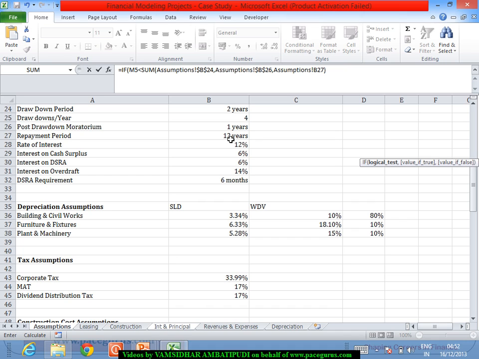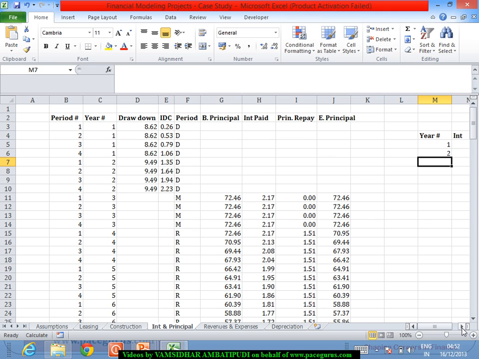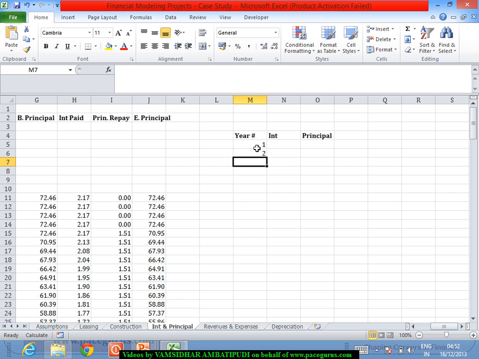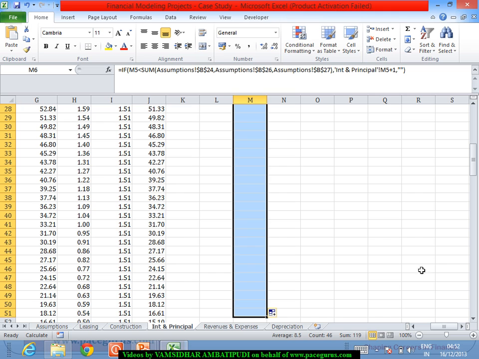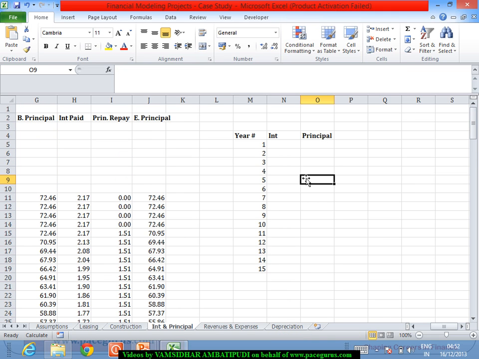If it is less than that, I do an auto increment of that number, otherwise I will leave it blank. So this kind of a slight workout is more or less required. So probably this also I'll drag for some number of periods so that I can adjust it every year.